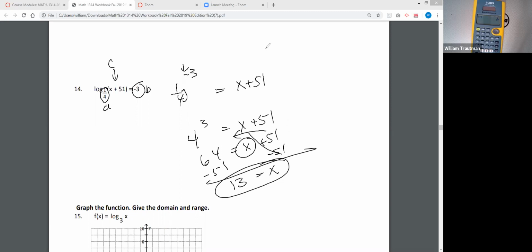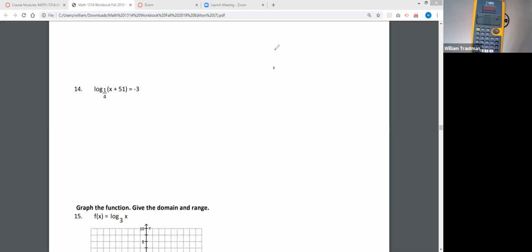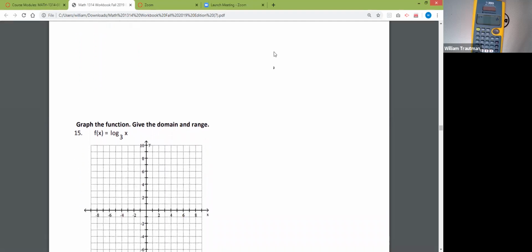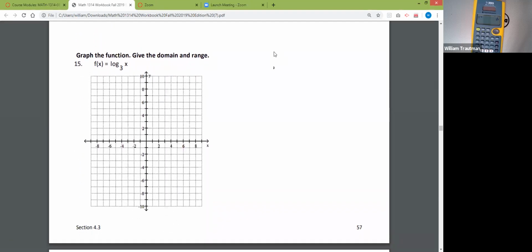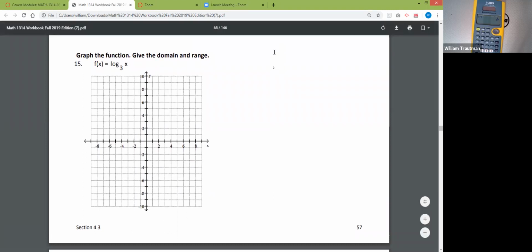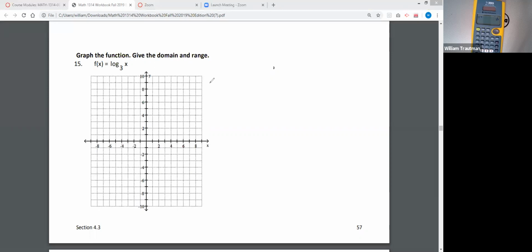All right, now we're going to do some graphing. Let's graph this thing. Now, I hate that they call this x.